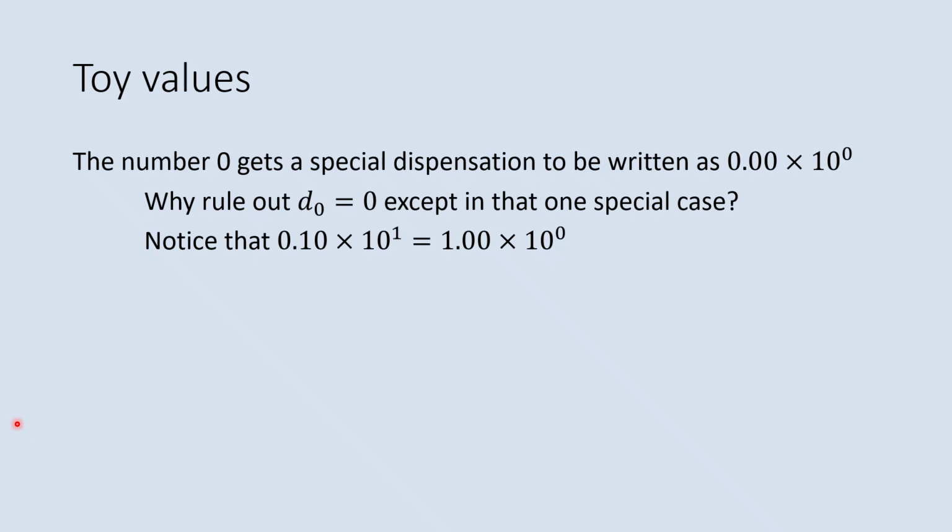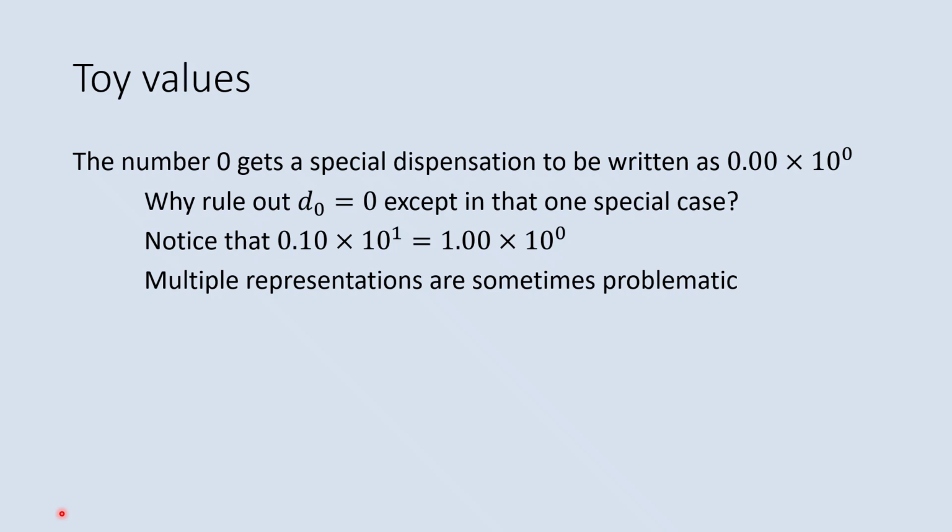It doesn't hold all the way through the IEEE standard, which, when we go into more detail, does allow multiple representations of some numbers. But in this particular version, we're trying to limit the number of values that have more than one representation, or to limit it to exactly one representation per number. And if we allow the D0 to be 0, that will give us different representations for some numbers.